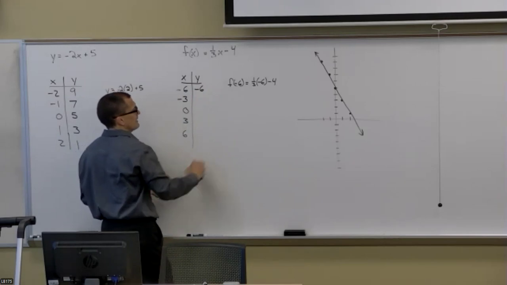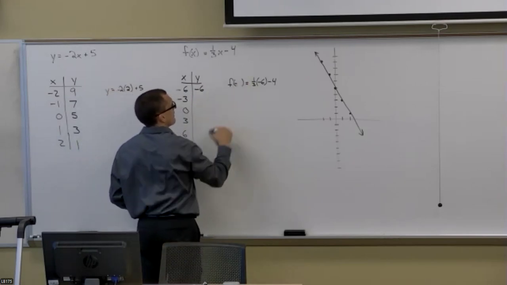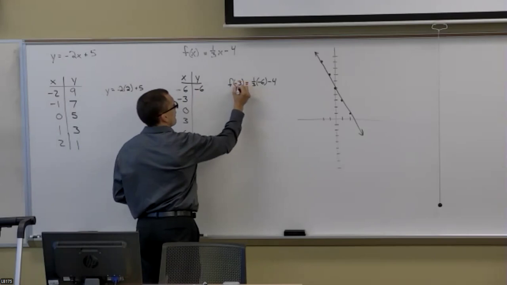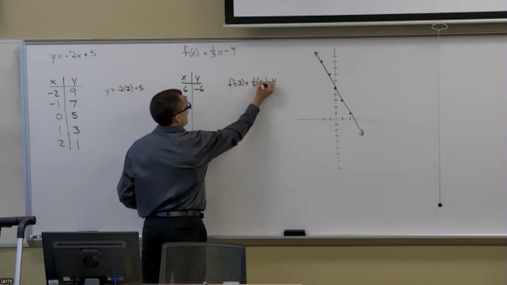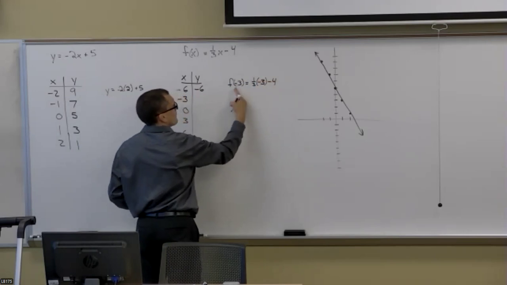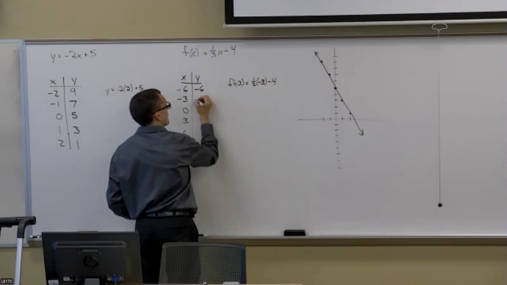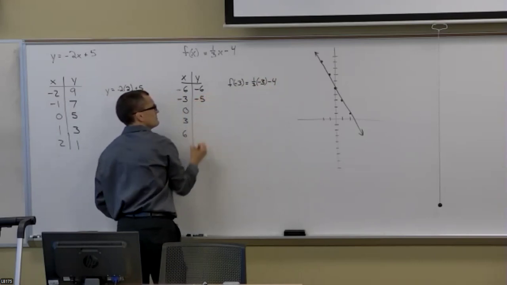When I plug in -3, well, I get a -1 minus 4, which is a -5.